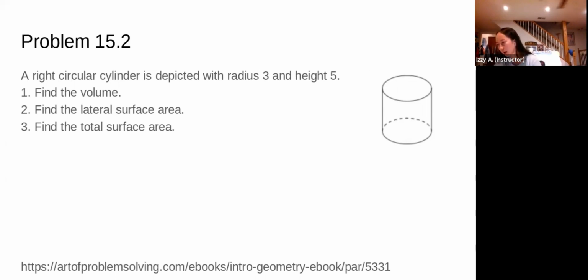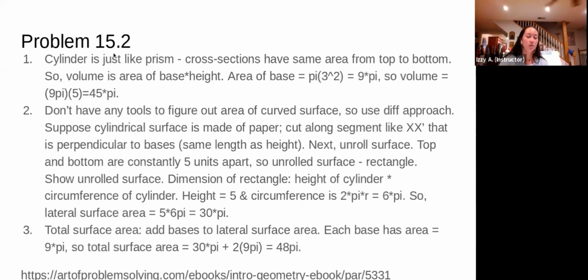Okay, I will go ahead and go over these problems. The first one, as I previously said, the volume is going to be the area of the base times the height.